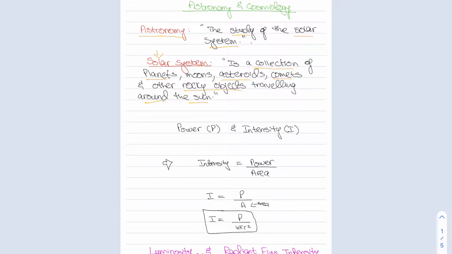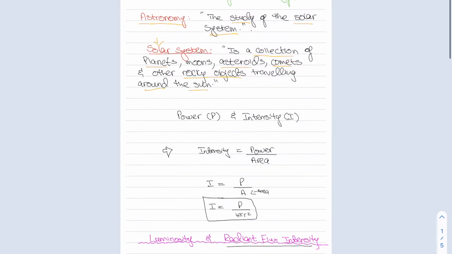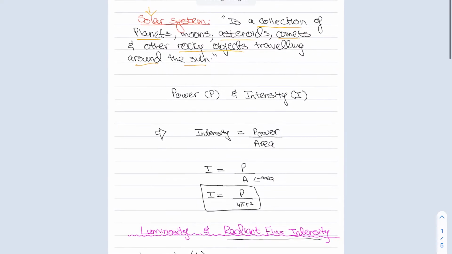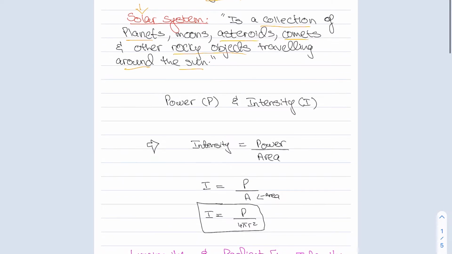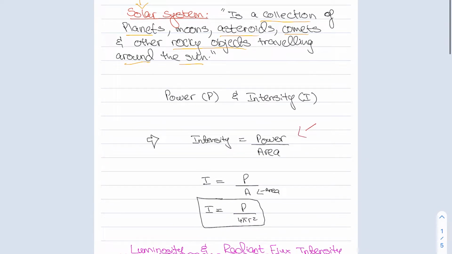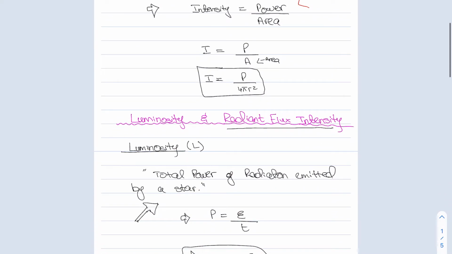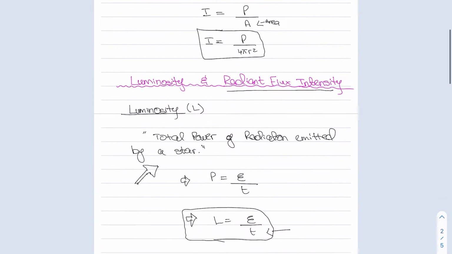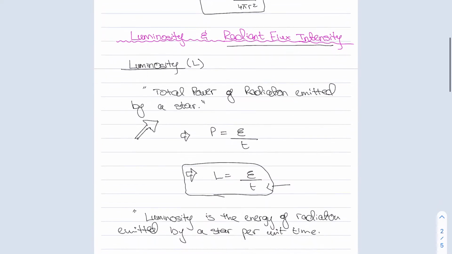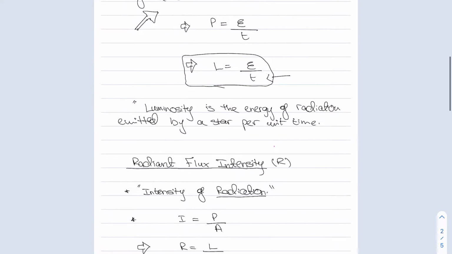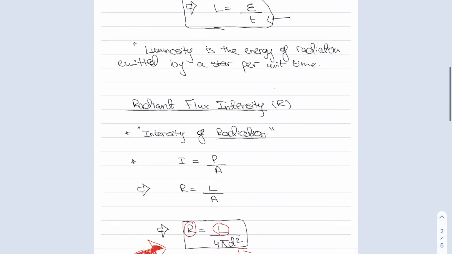So the first thing we did was the definitions for astronomy and the solar system. Then we talked about the formula linking intensity and power, right? And then we talked about what luminosity is and what radiant flux intensity is, and how luminosity is linked to power, and how radiant flux intensity is linked to intensity.